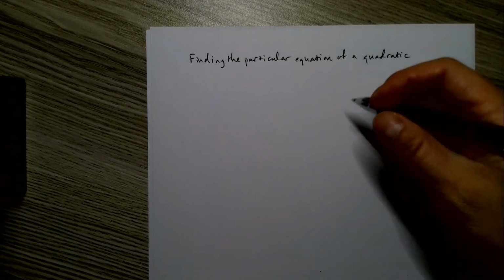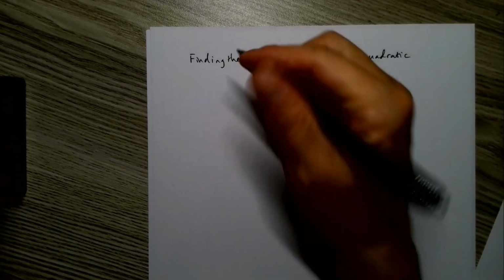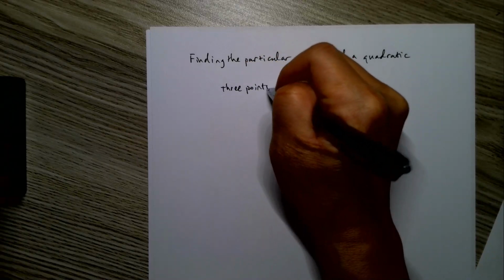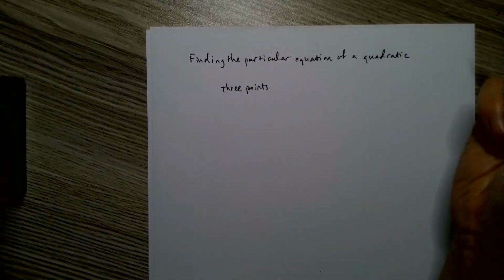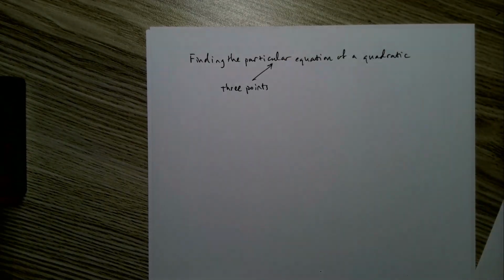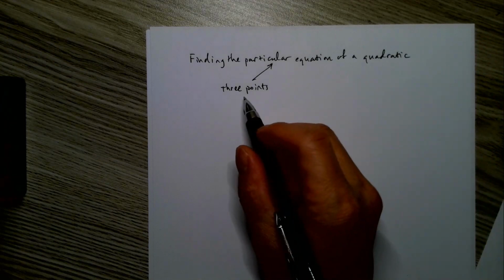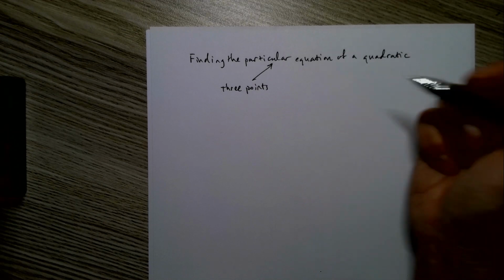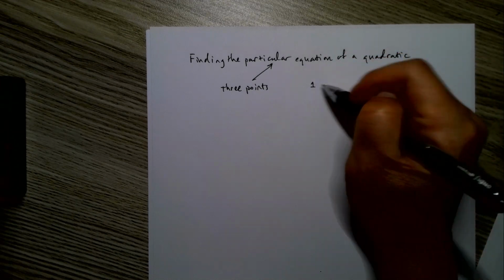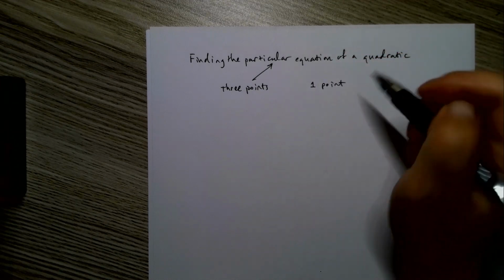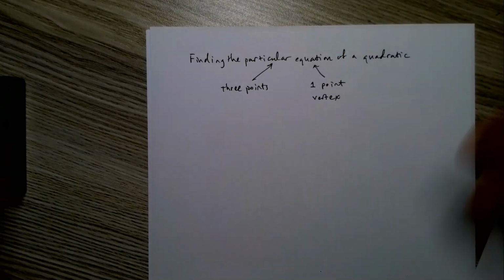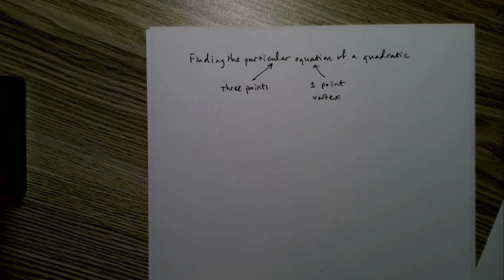So in one scenario, I'm going to give you 3 points, and we're going to find the particular equation of that quadratic, assuming that the 3 points are members of that quadratic. And then I'm going to give you another scenario where I give you 1 point and the vertex, and we'll find the equation of a different quadratic.